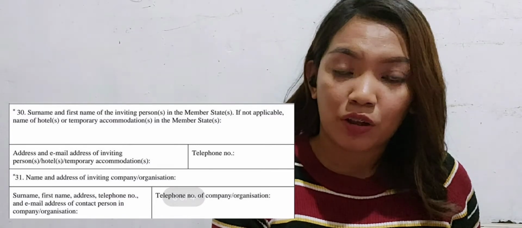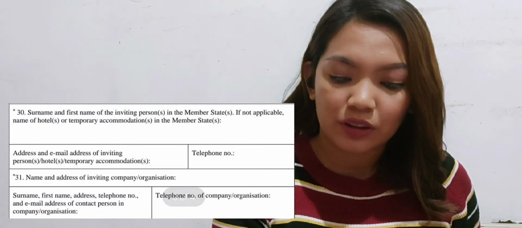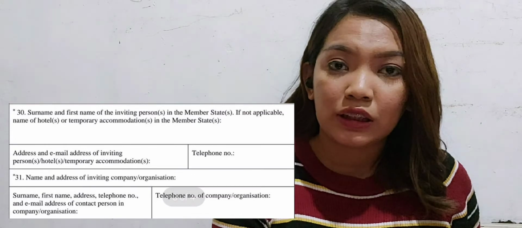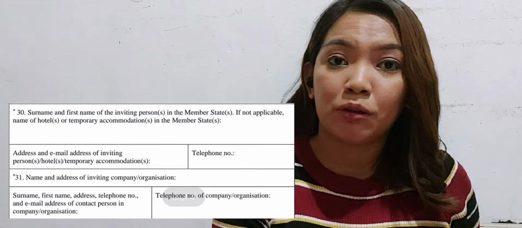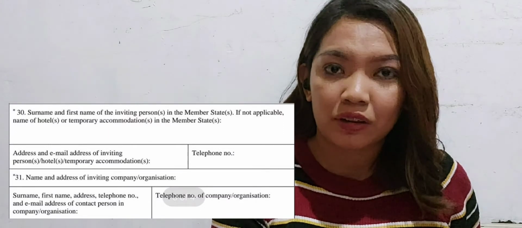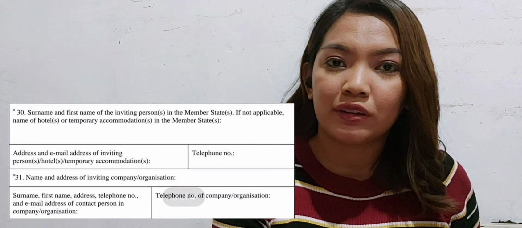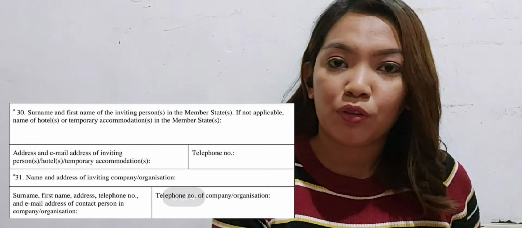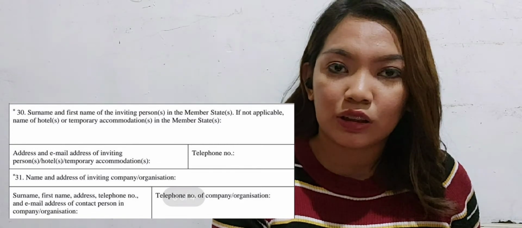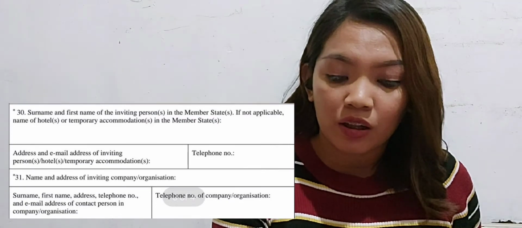For number 31, it's asking for the name and address of the inviting company or organization. So obviously, if you already answered number 30, you don't need to answer number 31. For number 30, the stay is purely for personal reasons. But if you answer 31, then it's because an organization or company asks you to travel.